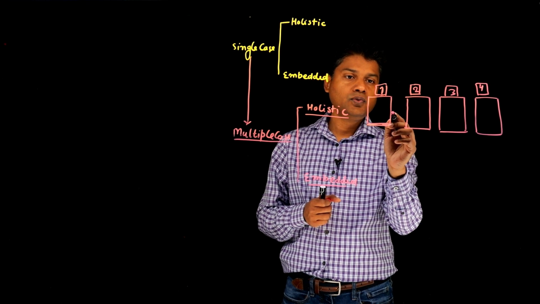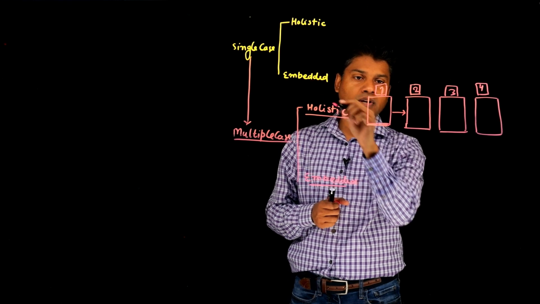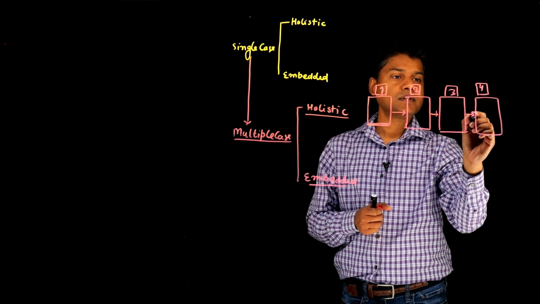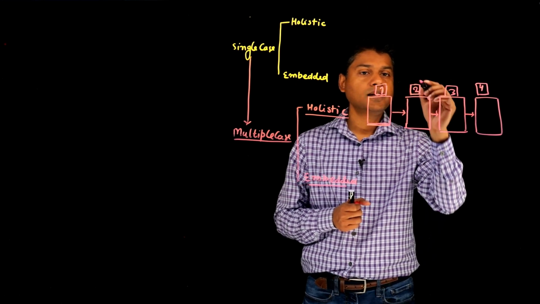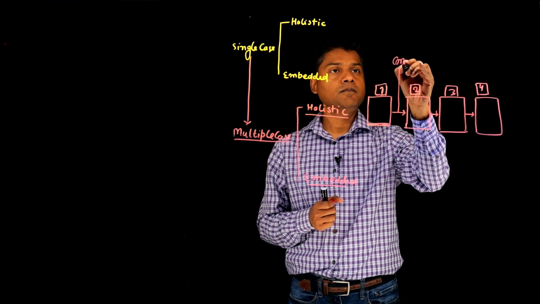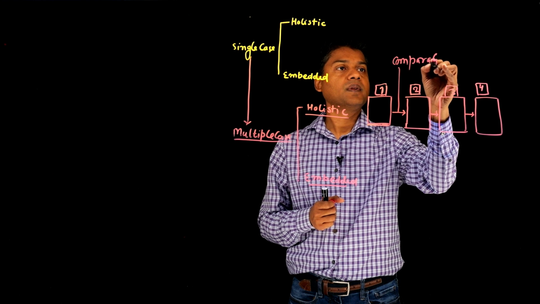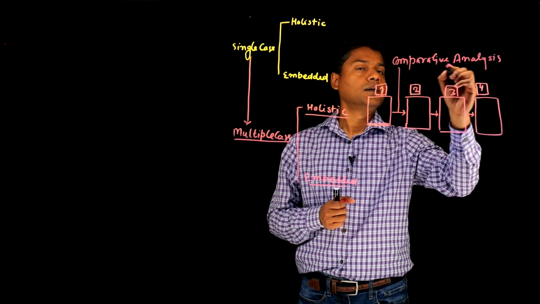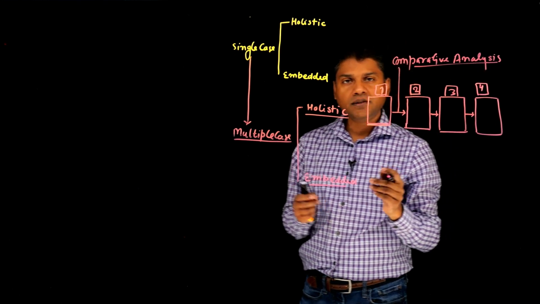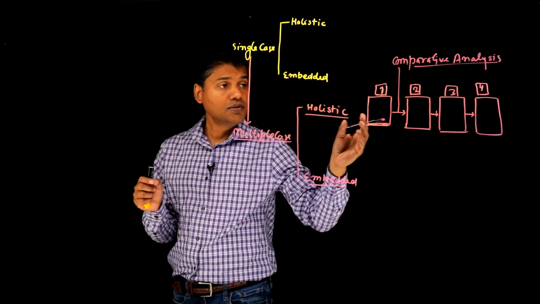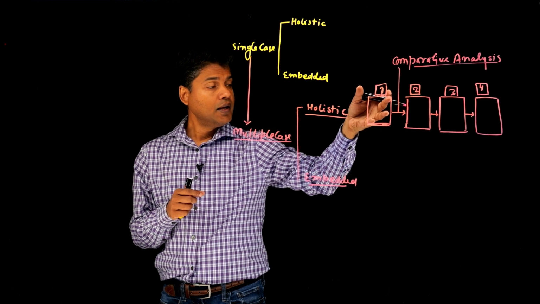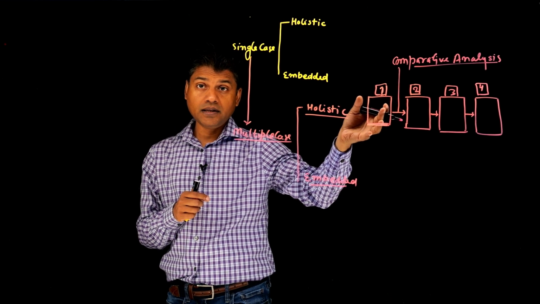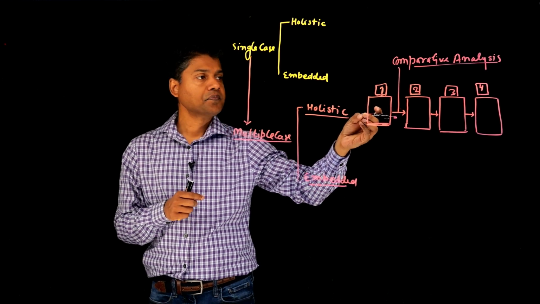And then what we do, which is additional from the previous design, is we do comparative analysis. Since we have more than one case, then obviously comparative analysis. In comparative analysis, you are considering each case separately. You are exploring the case, you are collecting the data, you are analyzing the data, and you have your findings.